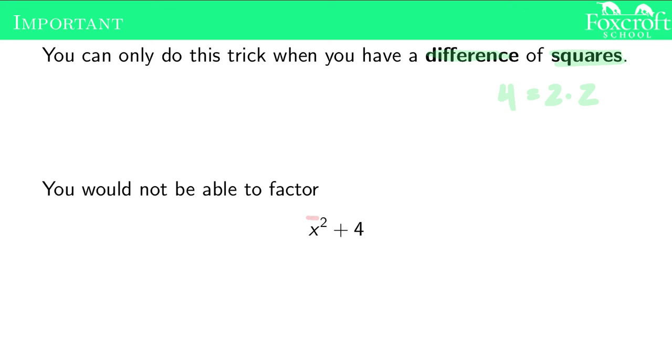We cannot factor x squared plus 4 because there's a plus sign instead of a minus sign. So x squared minus 4 would factor as this. X squared plus 4 we just can't factor at all. So make sure it has to be a difference in order to factor it this way.